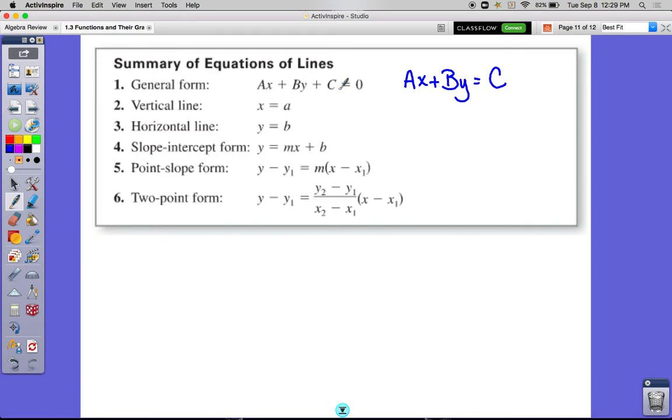So if you see the ax plus by plus c version, just know it's the same as ax plus by equals c, which a lot of early algebra textbooks will teach. Vertical line is x equals some number. Horizontal is y equals a number. Vertical has no slope. But keep in mind that horizontal does not have no slope.